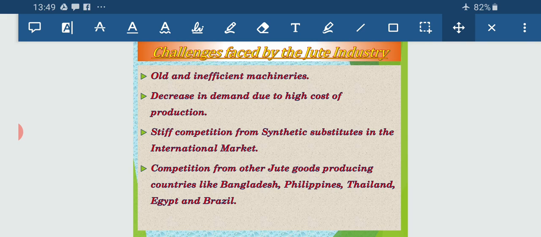Philippines, Thailand, Egypt and Brazil are the other countries giving tough competition with their jute products, because our quality is not up to the mark. So we have to face all these shortcomings from the international market.